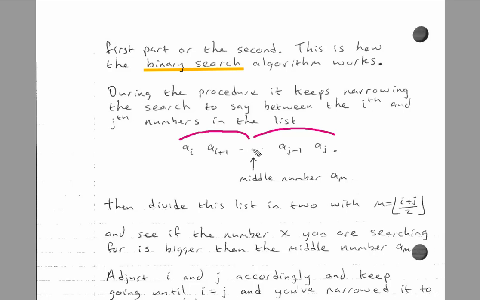If the number you're looking for is bigger than this middle number, you know it can't be in the first part, so now you can ignore that, and you've made the problem easier. You've got rid of a bunch of numbers in the list, and then you can search here, and then repeat that procedure.